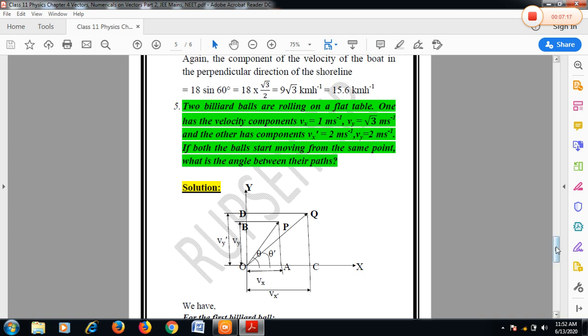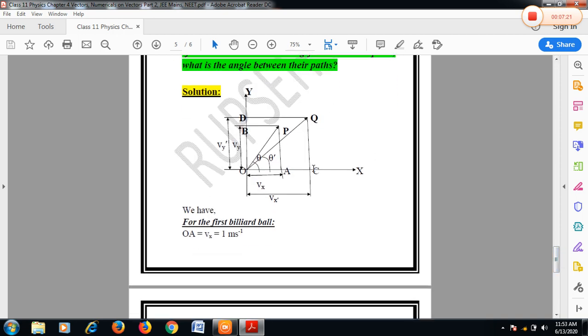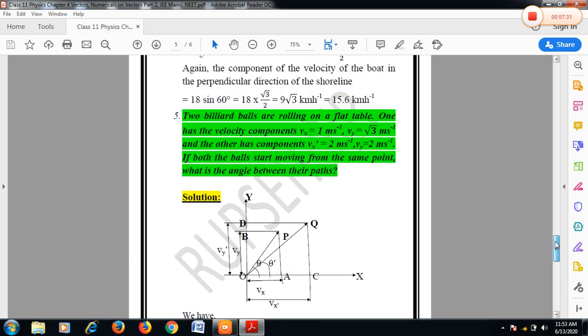Now have a look at this figure. In this figure, OP represents the actual path, or actual direction of the velocity, of billiard ball 1, and OQ represents the actual velocity of billiard ball 2.